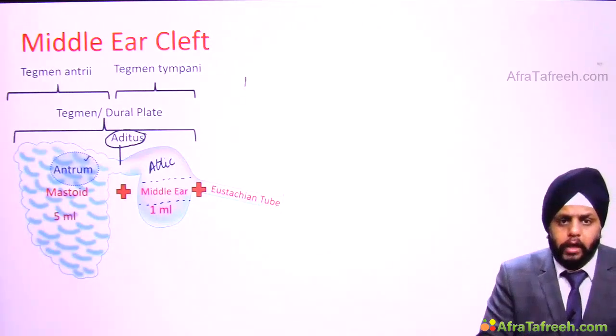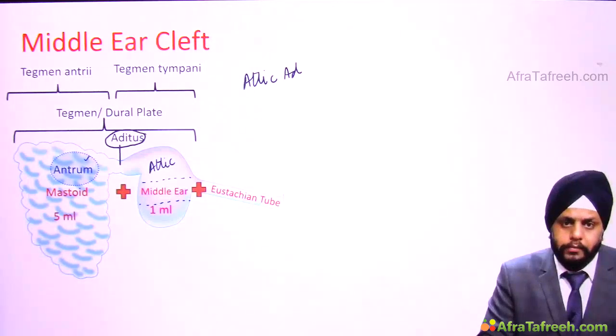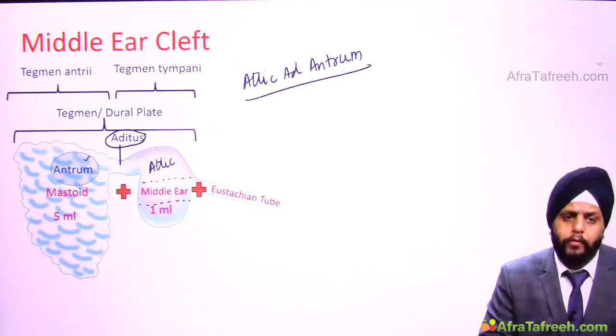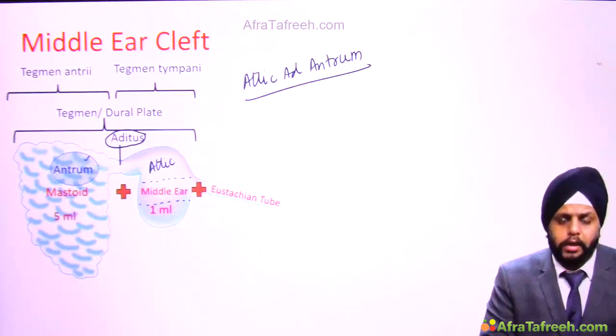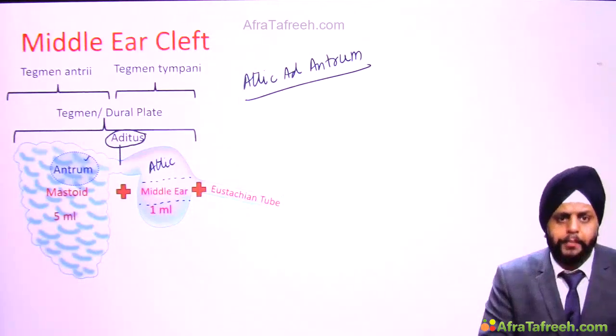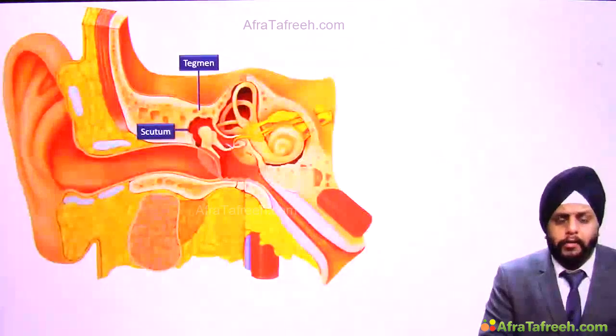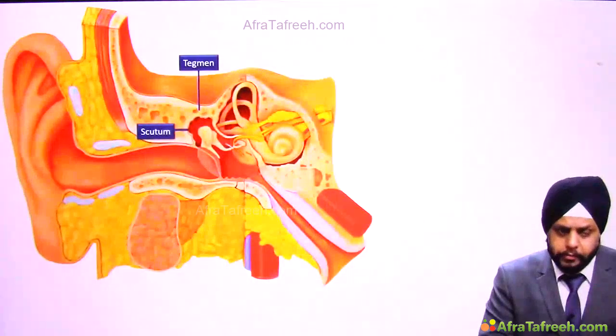So sometimes together we call it attic-aditus-antrum. That is the entire unit. Aditus is the short form for aditus ad antrum, and all three are connected. Okay, now let's go back to this diagram.